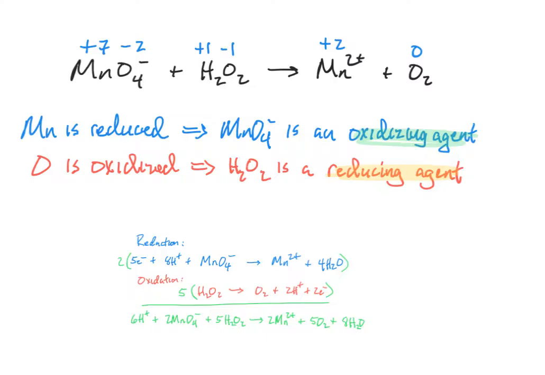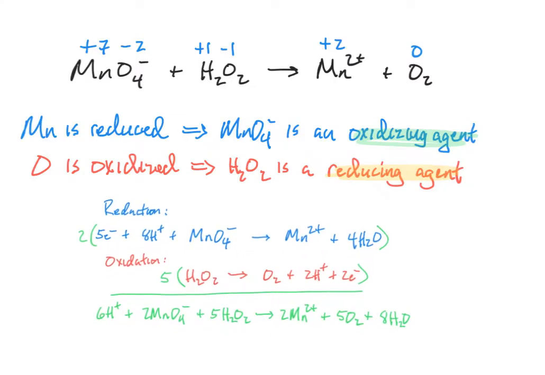You see it's taking in those electrons. Why don't I go ahead and make that a little bit larger? You can see the permanganate is taking in the electrons. So it's stealing electrons from something else. So that permanganate is saying to something else, aha, I'm taking your electrons, I'm oxidizing you, therefore I am an oxidizing agent. Meanwhile, the O in the hydrogen peroxide is being oxidized, right?